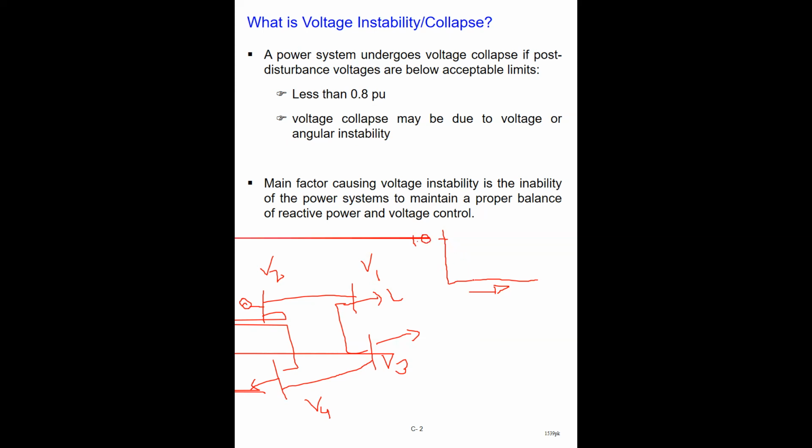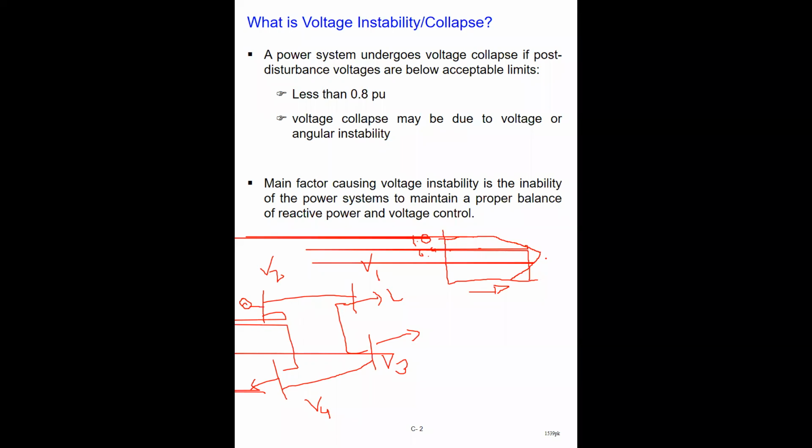For a low amount of load, the voltage is maintained. But for a certain increase in the load, the voltage drops, let's say to 0.9 per unit. And if you further overload, then the voltage will collapse. So beyond a certain point of overloading, that means the power drawn by this load, the voltage collapse takes place.